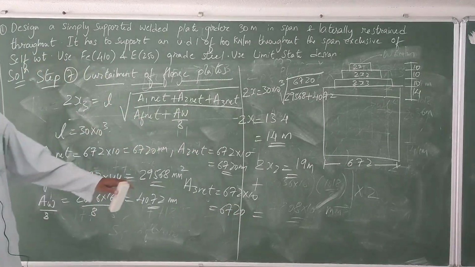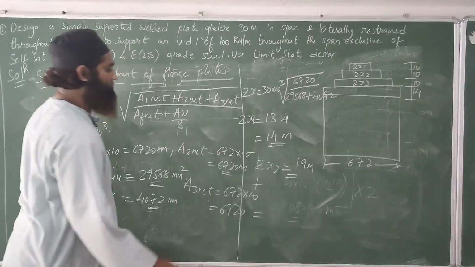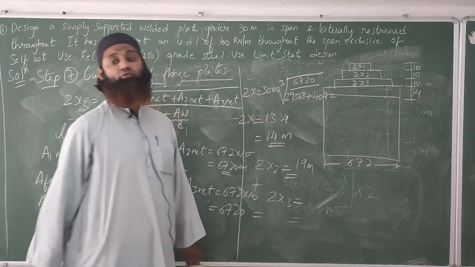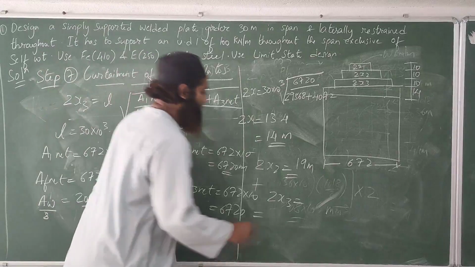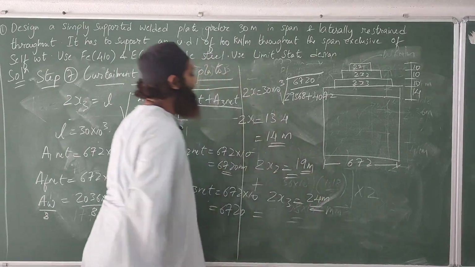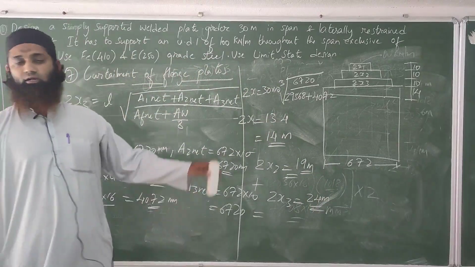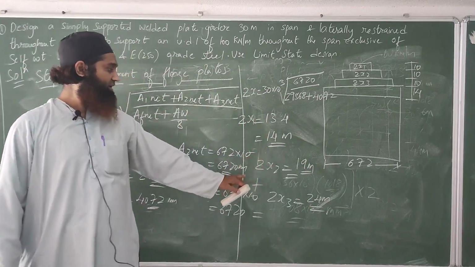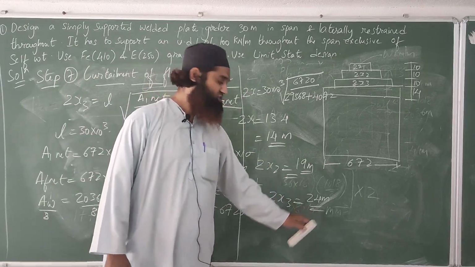After calculating, I'll directly write the value of 2x3 also. What is the value you are getting, 2x3? 24. So these are the three values we have got. After curtailment, we have got the values of 2x1 as 14 and 2x2 as 19 and 2x3 as 24 meters.